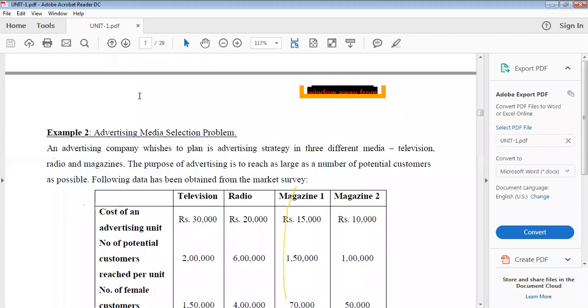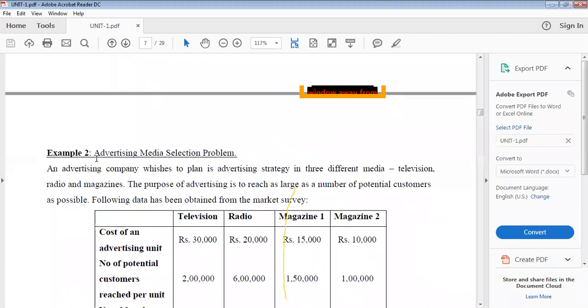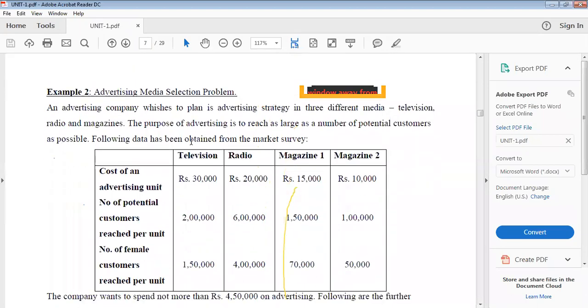So this is another problem, the advertising media selection problem. An advertising company wishes to plan its advertising strategy in different media: television, radio, magazine. The cost of an advertisement unit is 30,000 for television, 20,000 for radio, and 15,000 for magazine 1 and 10,000 for magazine 2.